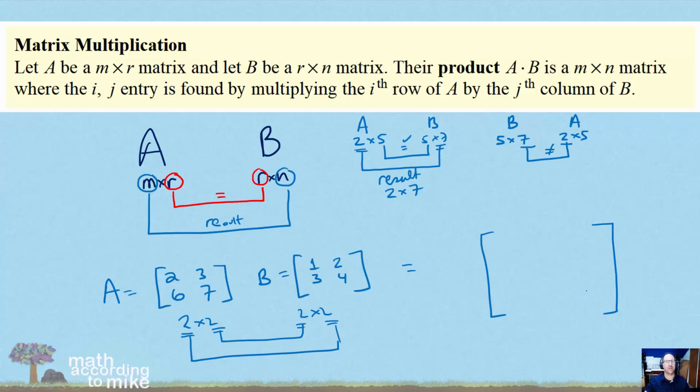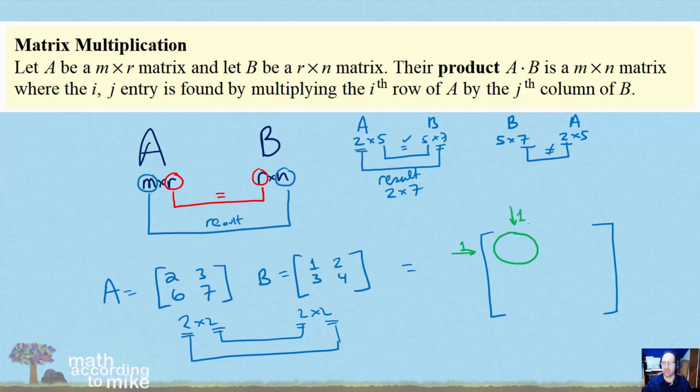Now, this is the large print edition on purpose. So let's talk about what this definition is saying. Let's suppose we want to find this entry here. Which row is that entry in? Notice you would say it's the first row. Which column is that entry in?